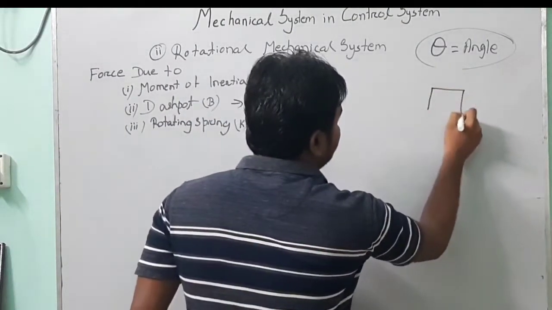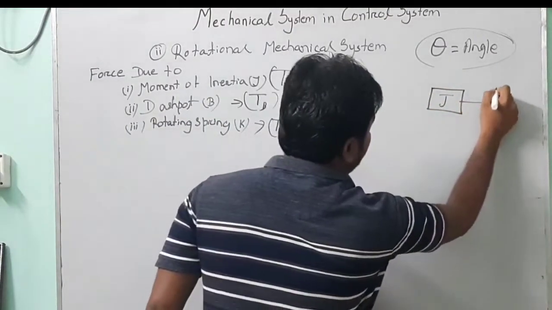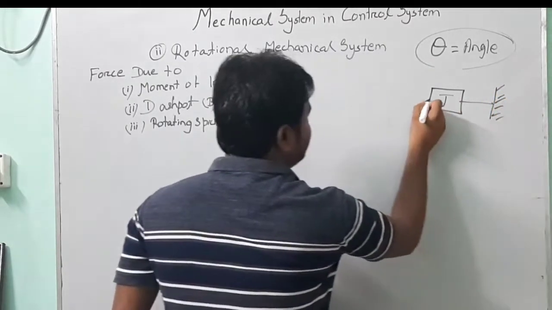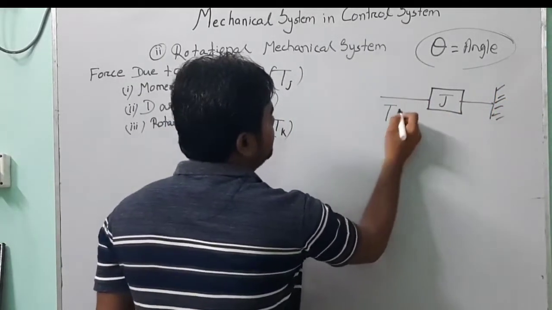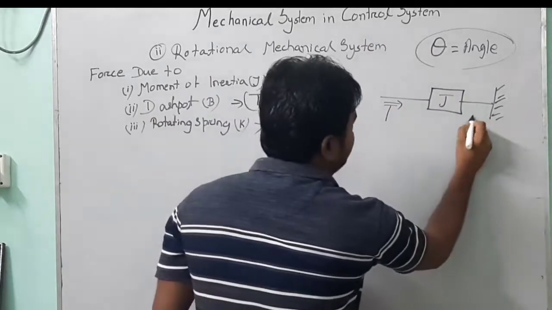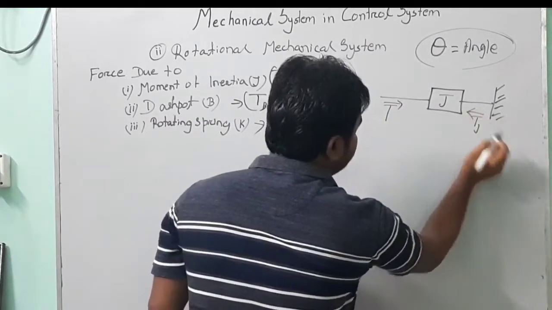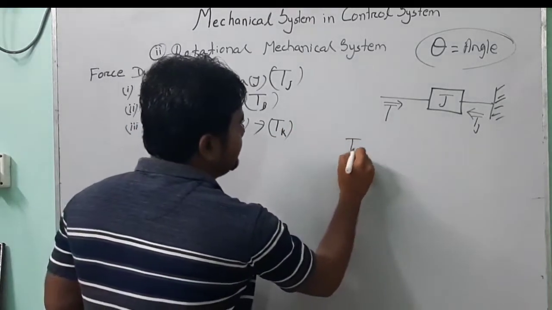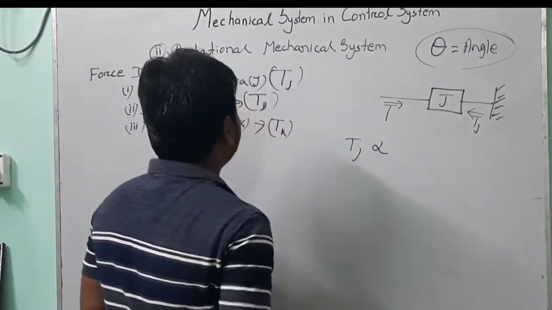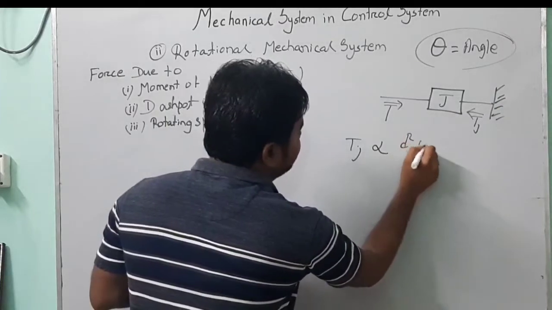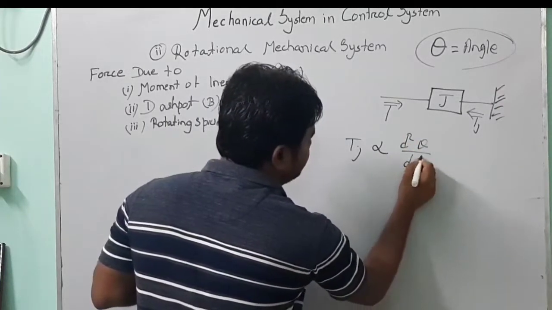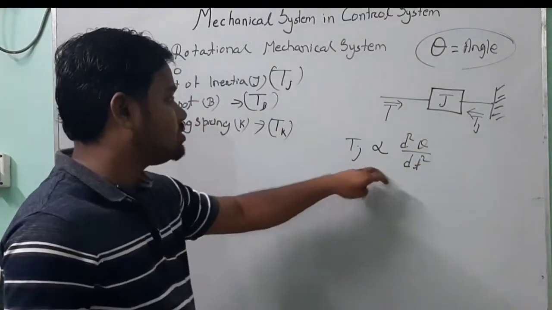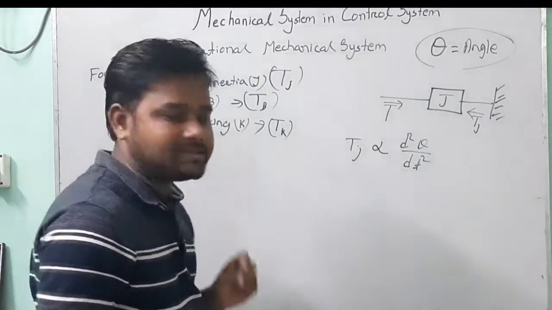In the similar manner, if J is here and one side is fixed and another side is free, then the torque is applied in this direction, and the opposing torque is applied in the opposite direction. The opposing torque Tj is proportional to the second derivative of the angle theta. Tj is proportional to d square theta by dt square.